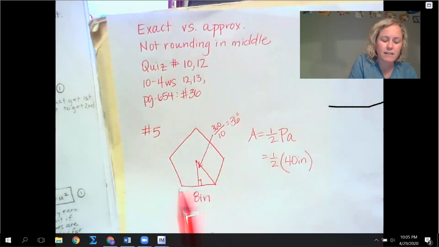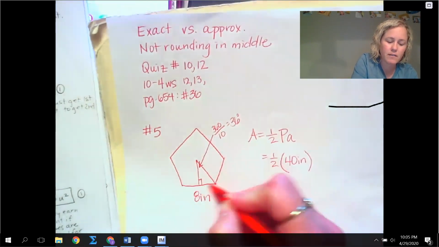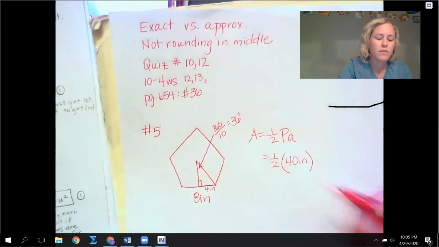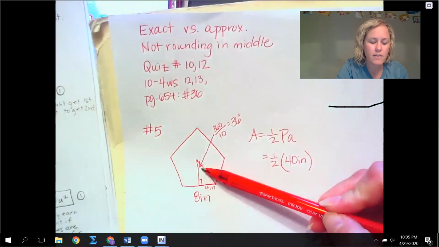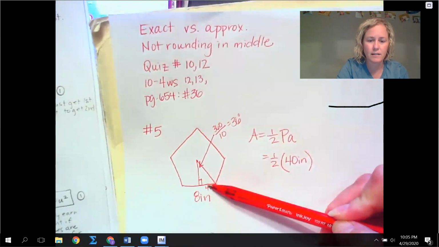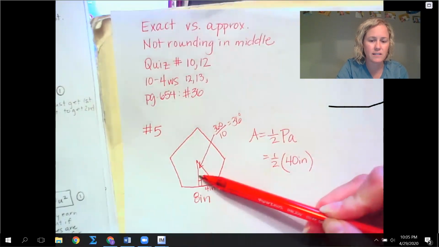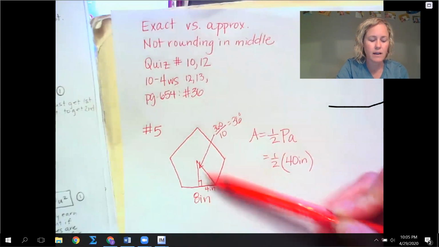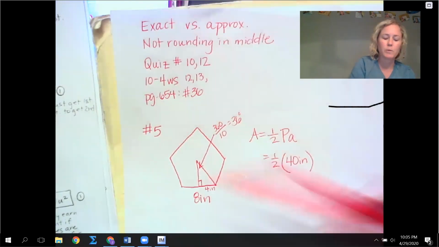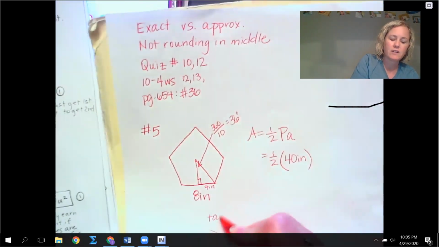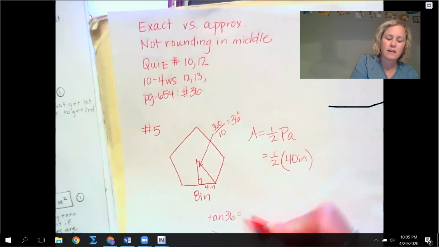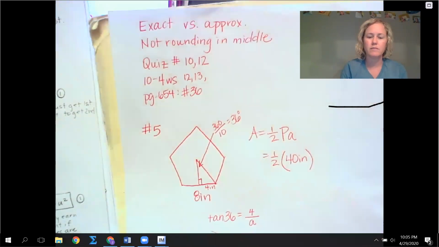Remember, the entire side length is 8, which makes this part 4. From the angle, that is the opposite side. And I want to know the adjacent leg, okay? Opposite and adjacent go with tangent. So we're gonna say tangent of 36 degrees is opposite over adjacent.